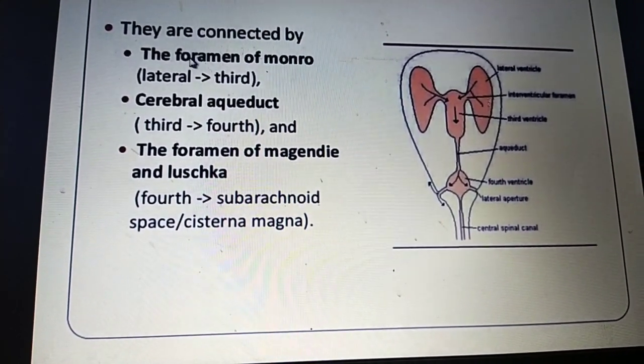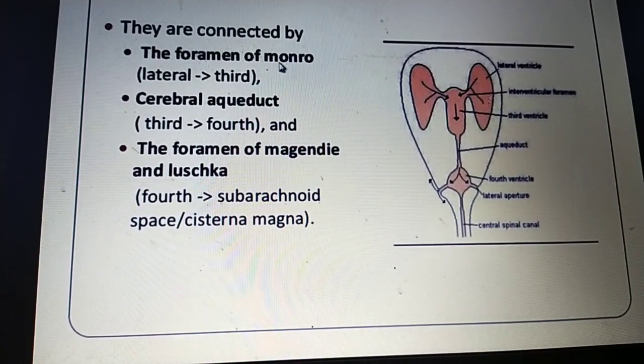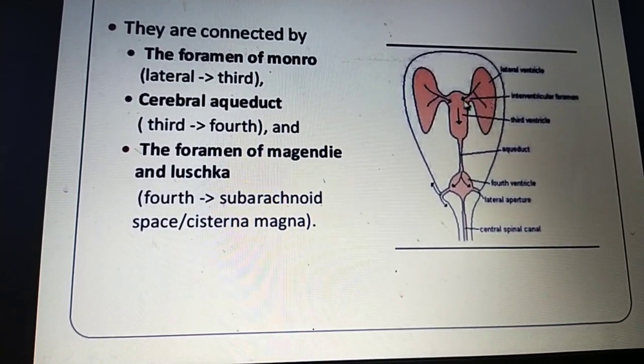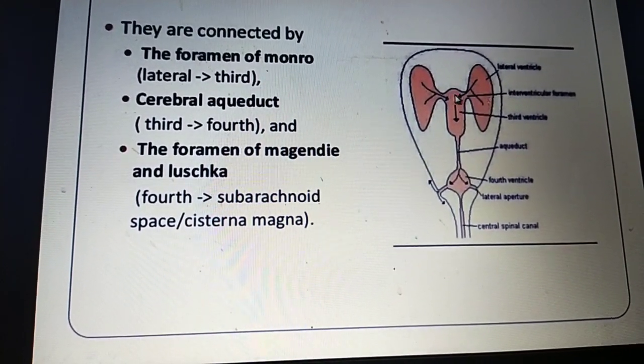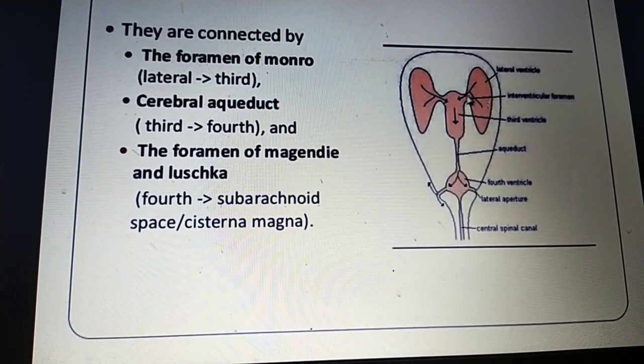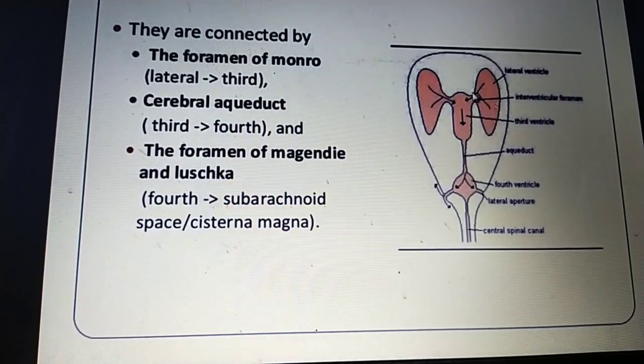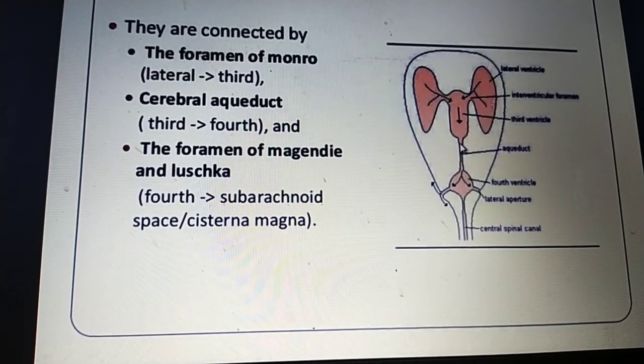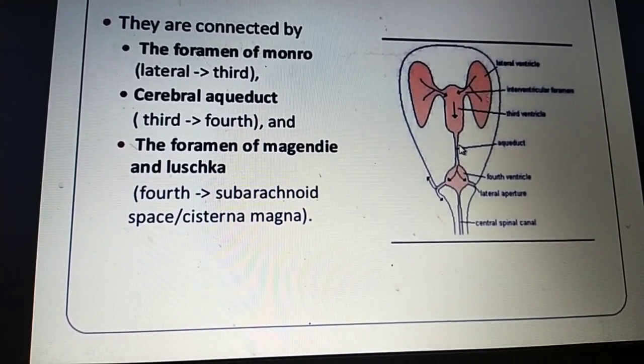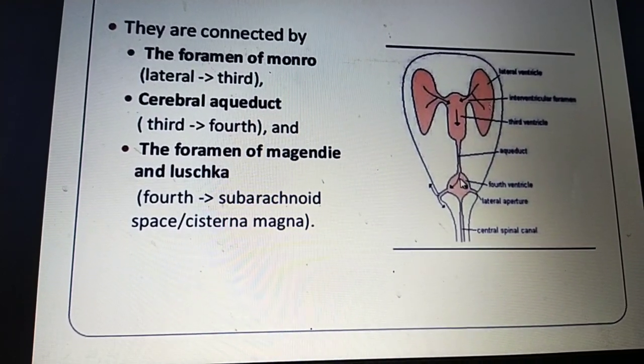The foramina of Monro connect the lateral ventricles to the third; you can see this is the interventricular foramina, or foramina of Monro. Then the cerebral aqueduct, third to fourth ventricle. The foramina of Magendie or Luschka.